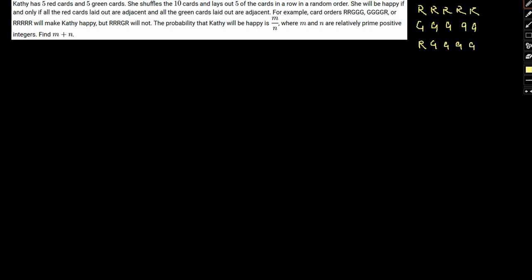Similarly, if we substitute this green for red, we have red, red, red, red. Next up red, red, green, green, green, then green, green, red, red, red, subsequently red, red, red, green, green.